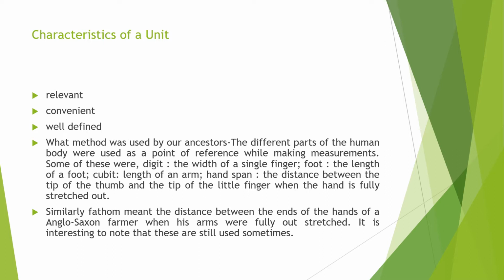Now, there were certain methods which were used by our ancestors for measurement before the invention of the SI units. These were different human parts which were used for measurement.